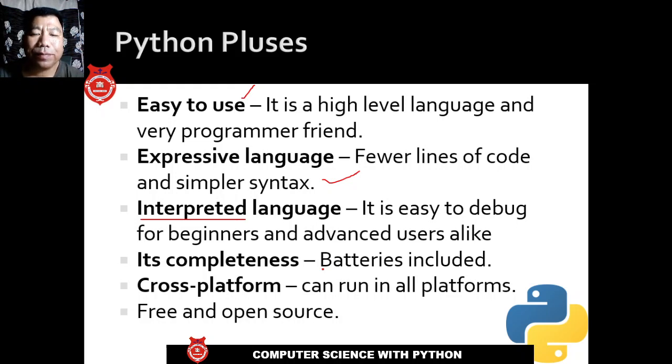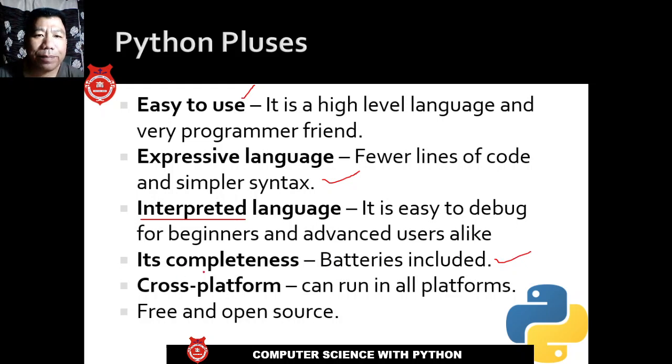For example, if you want to use Python for scientific applications, you can use the scientific code already written by experts. If you want mathematical operations, you can use the math library. So it is very complete, like other programming languages.